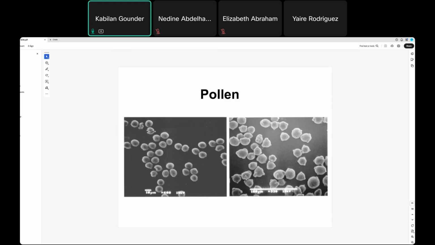So this is another interesting group we studied. We collaborated with the allergy specialists. They wanted to study different pollen. So you can look at this different structure of the pollen. That is another study.